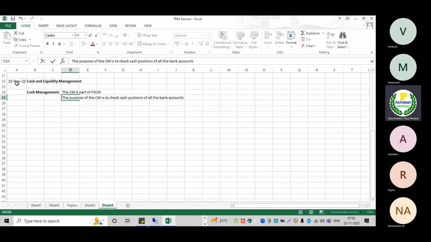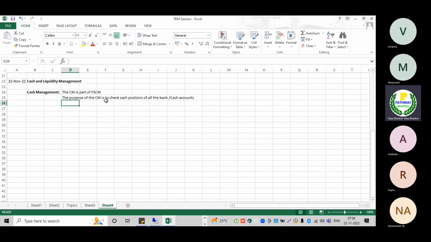Bank or cash accounts, I will mention here. Now this is the purpose of the cash management: to check the cash position of all the bank accounts, cash and bank accounts.